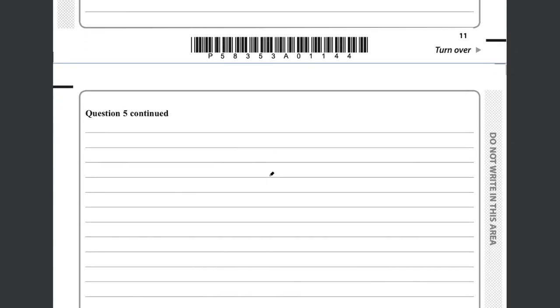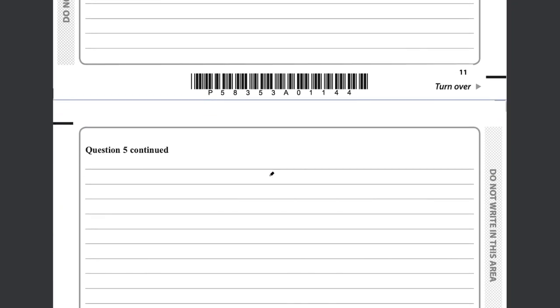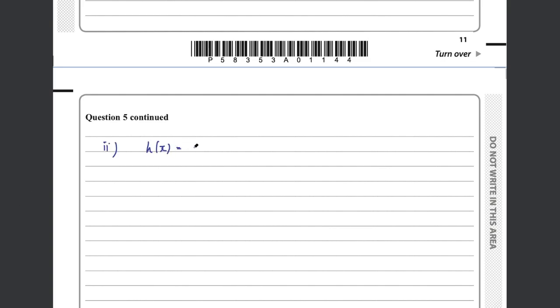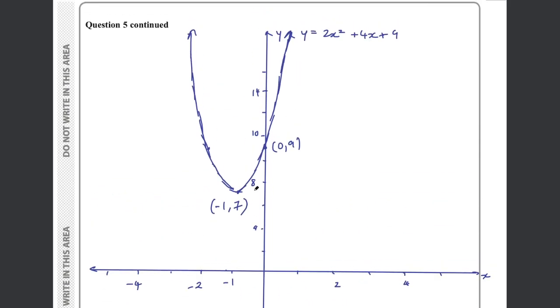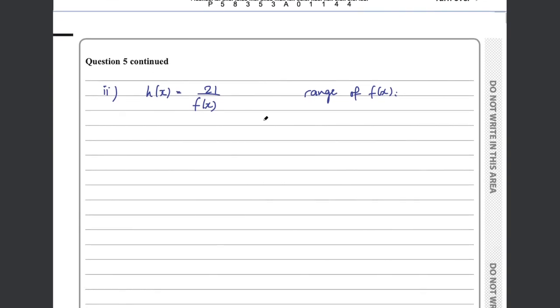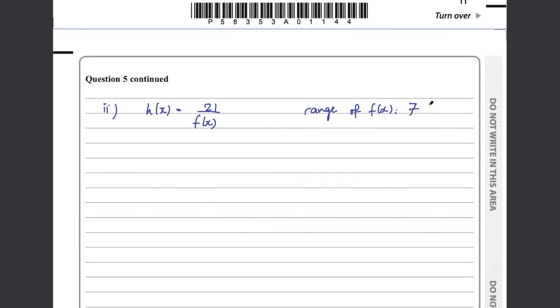So we could start off with that for part 2. h of x equals 21 on f of x. And the range of f of x, well, let's look at the graph again just to remind ourselves. The minimum was 7, the max is infinity. So the range then is 7 to infinity, and that's equal to.